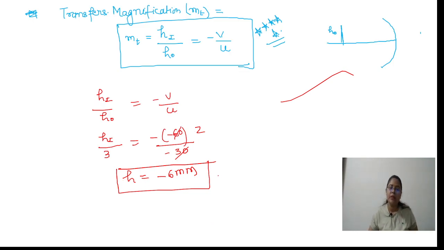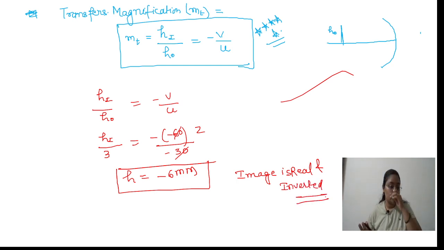It is done. Clear? So the image is real and inverted. Is it clear? Understand? So my dear student, I think this concept is clearly done in ray optics.